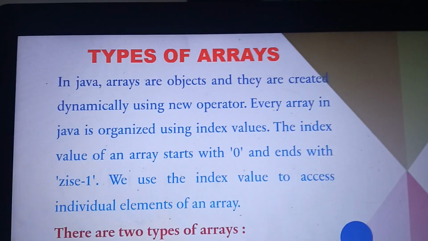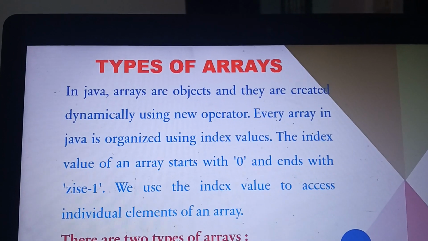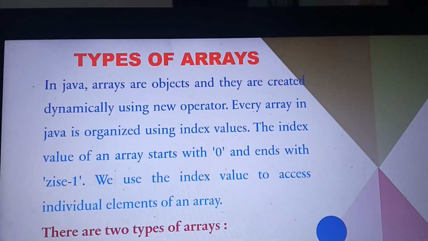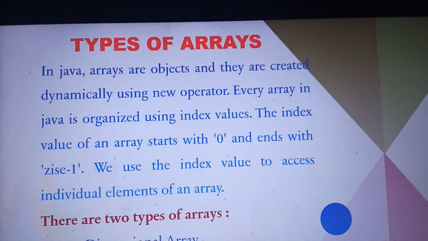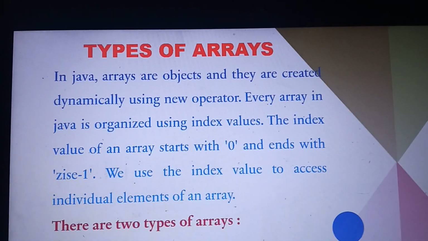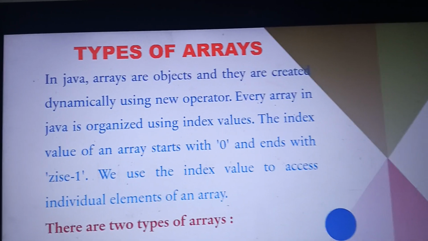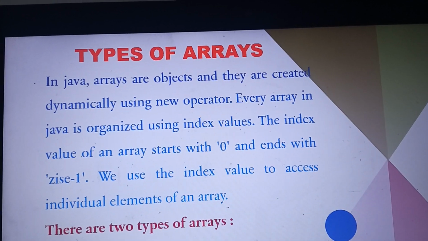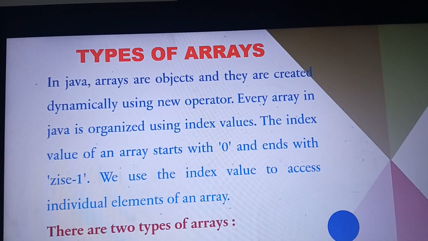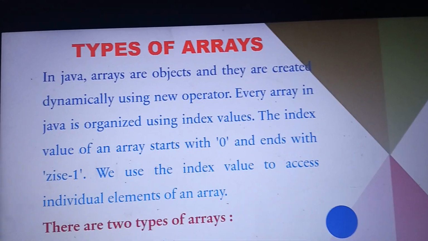Now, the types of arrays. Before discussing the types of arrays in Java, we have discussed the array definition generally. In Java, arrays are object type. I already told you in previous classes, especially when discussing data types, that there are two types, primitive type and object type.